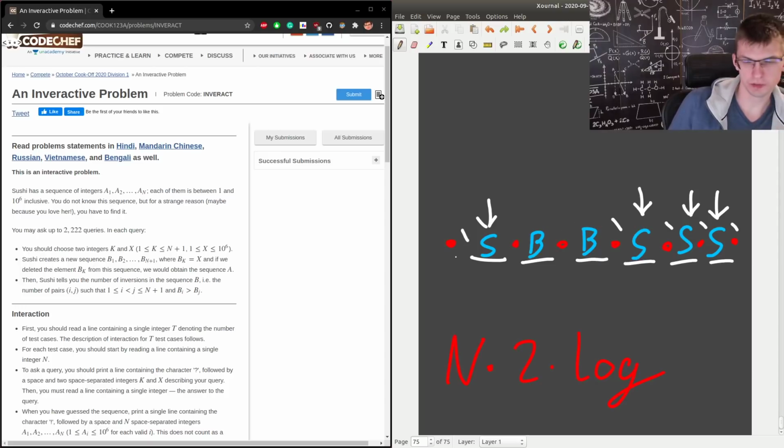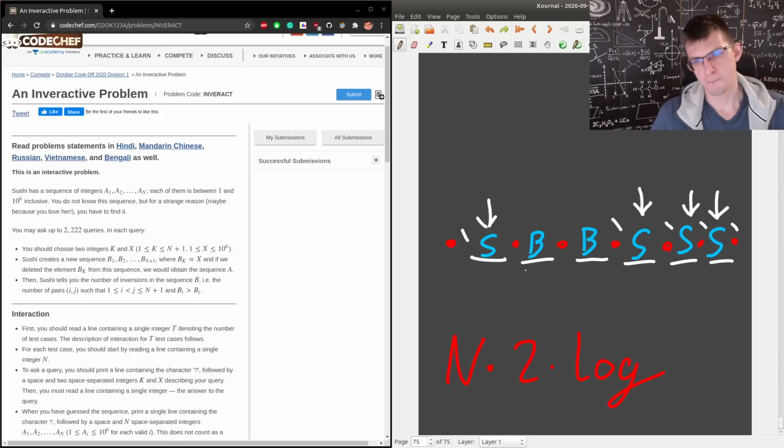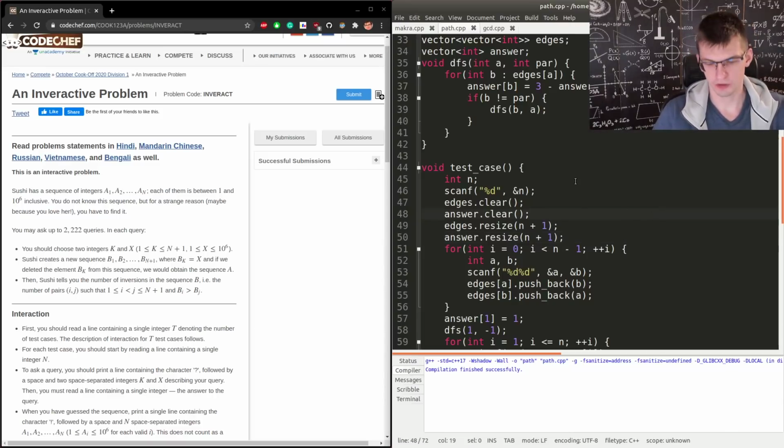Now, first, what happens? Is it possible that if I shift a number from here to there, the number of inversions doesn't change? I think this is possible if this is exactly that particular value. Let's try to code it.